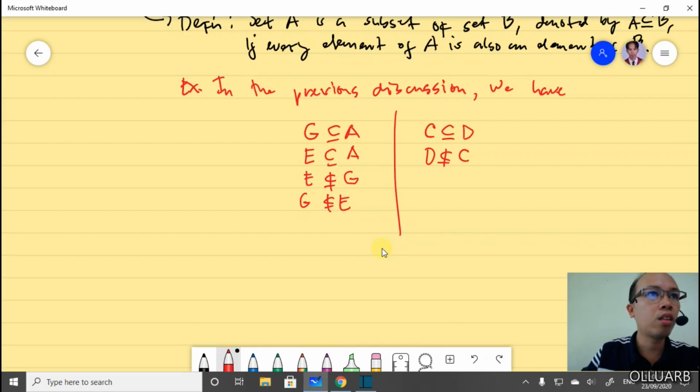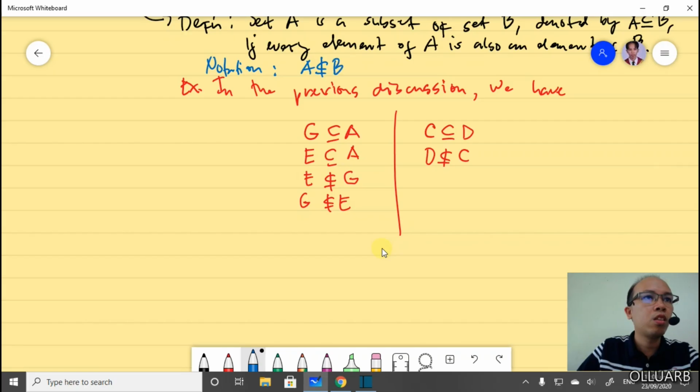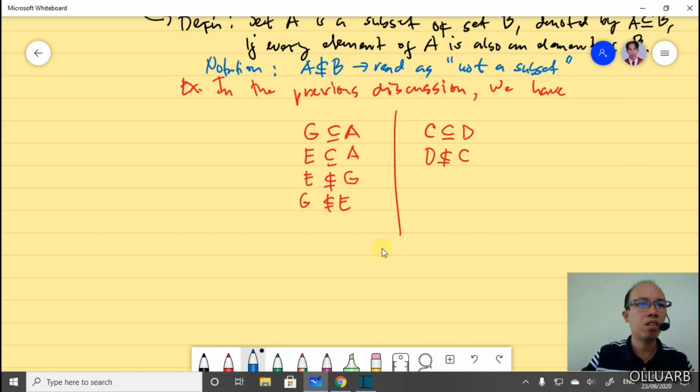So let's have a notation here. Let's have another color notation. This notation is read as not a subset, and so on and so forth.